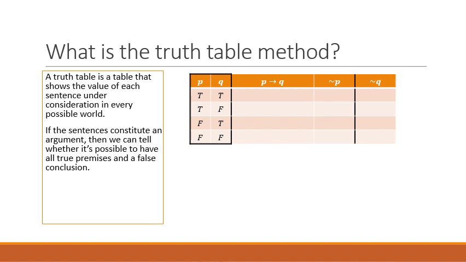So here is a fairly simple 4-line, or 4-row, truth table. And we have 3 sentences: P arrow Q, not P, and not Q. Those are the things on the top row there on the right.